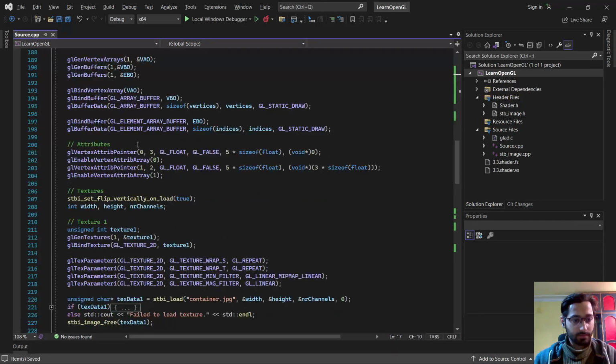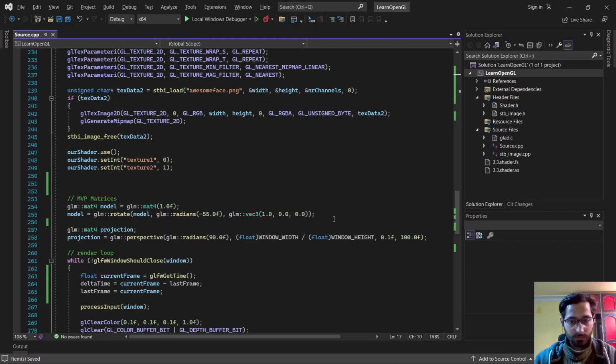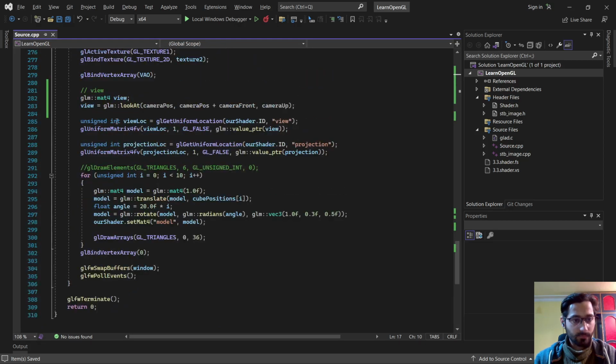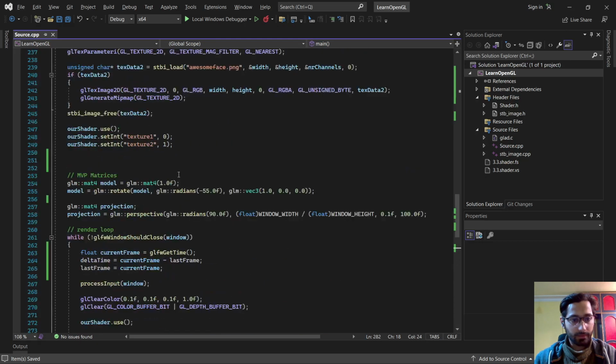Okay, I think I am using some other FOV somewhere, I don't remember where. Yeah. When scrolling the Y offset, yep. Okay.